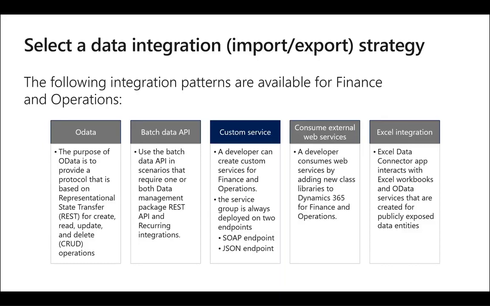When a developer writes a custom service under a service group, the service group is always deployed on two endpoints: SOAP endpoints, where code examples for consuming custom service using SOAP are available in the Microsoft Dynamics AX integration GitHub repository, along with a JSON endpoint, where code examples to consume JSON service are available in the same repository.